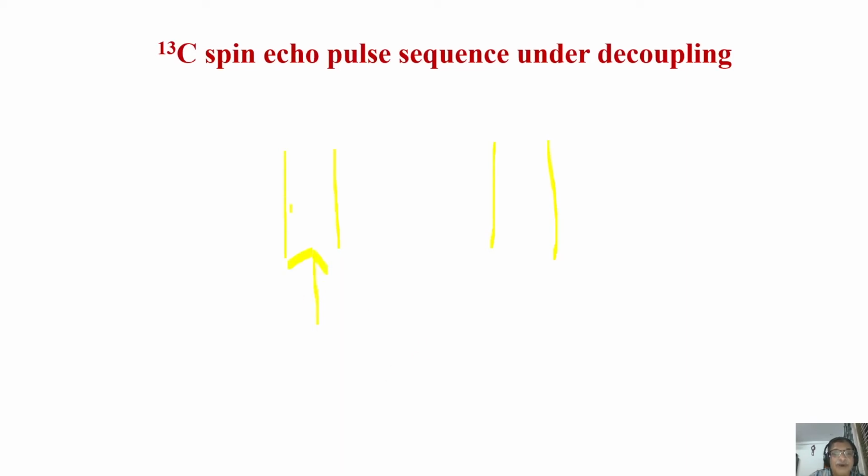When I apply the power such that it is just sufficient or more than this coupling strength, and I sit exactly at the center of this doublet, then this collapses into a singlet. This is what is called selective decoupling. Broadband decoupling we have to do in a different way, that is called pure shift NMR.